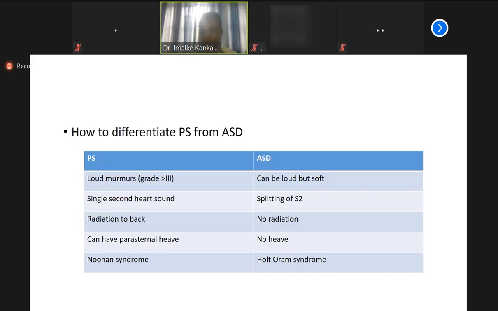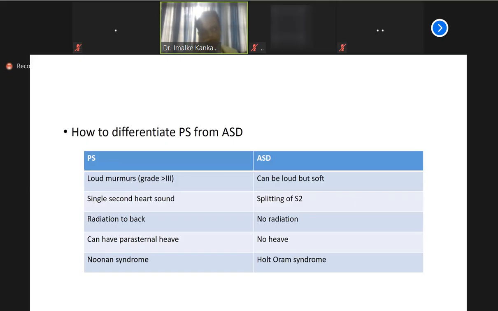ASDs could be loud, but most of the time murmurs are soft. In PS, the second heart sound is single, but in ASD, it is split. The PS murmur can be well heard over the back, but there is no such feature in the ASD murmur. You can have a parasternal heave due to right ventricular hypertrophy in PS, but it is not the case in ASD.